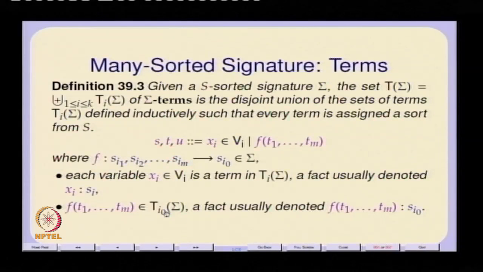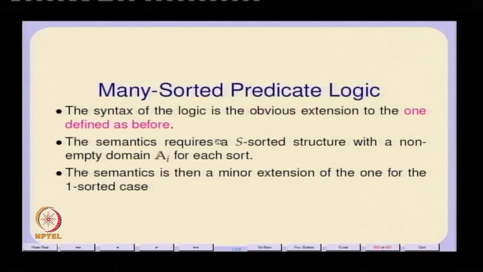And once all terms have been classified in sorts, the set of all terms is just this huge union of terms for each sort. You just agglomerate all the terms of different kinds into a single set, and that you call the set of terms, right.